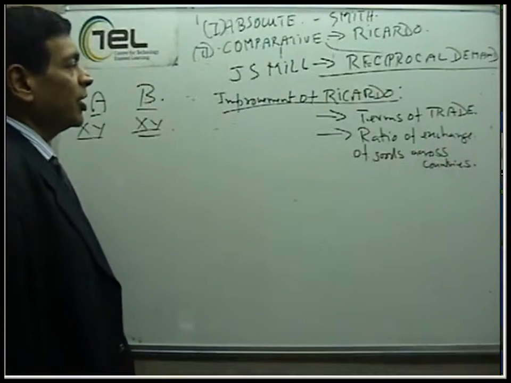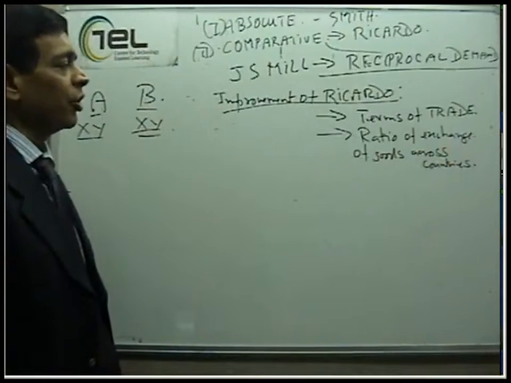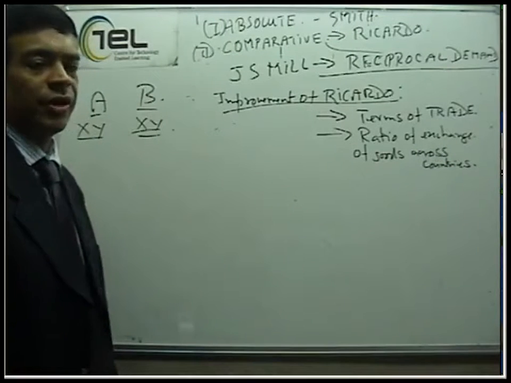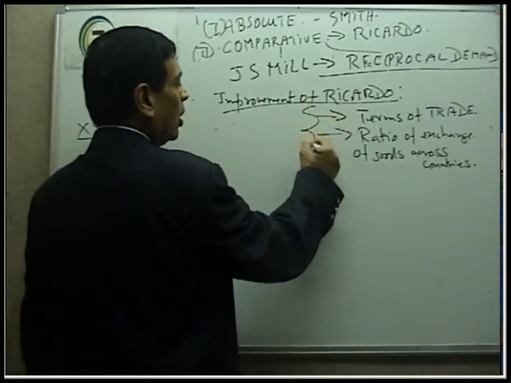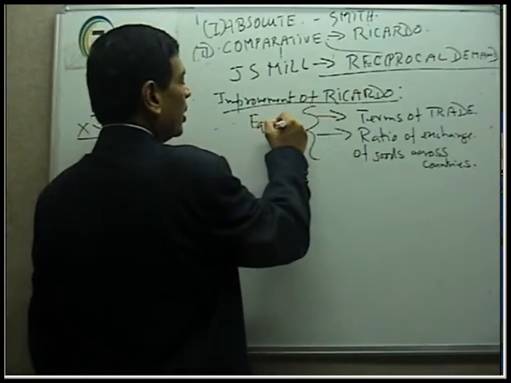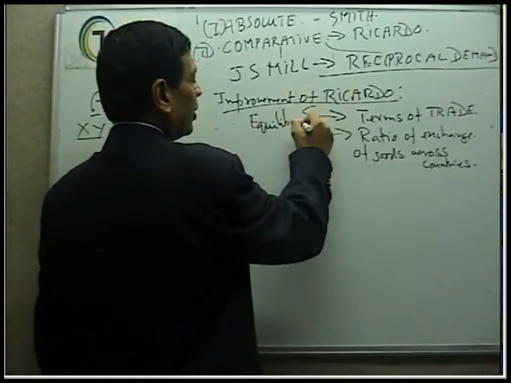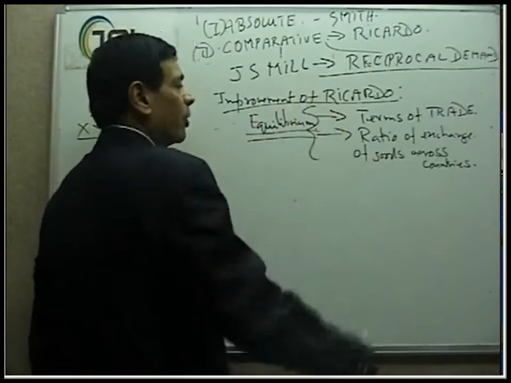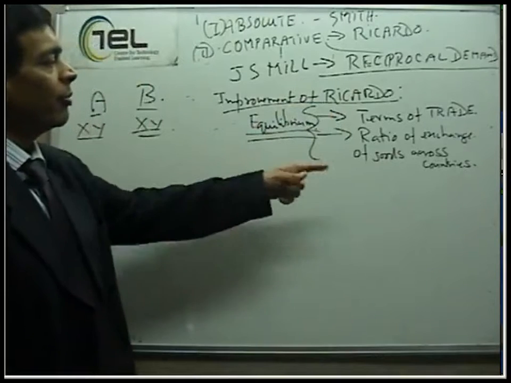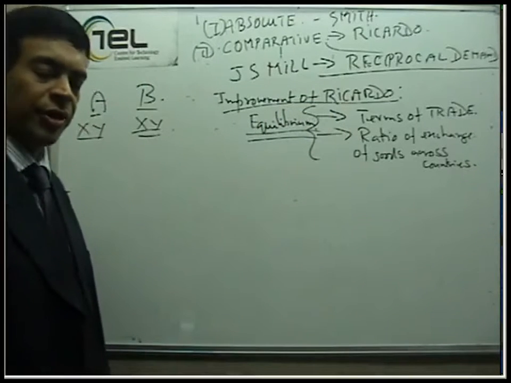Ricardo doesn't mention the terms of trade and the ratio or the rate of exchange of goods across countries, the equilibrium. So this is where Mill really helps in his equilibrium. It defines the equilibrium terms of trade or the equilibrium ratio of exchange of goods across countries.